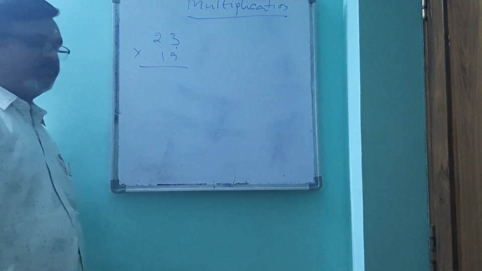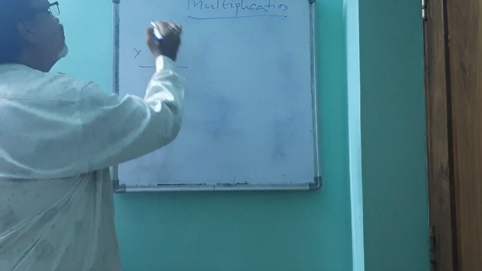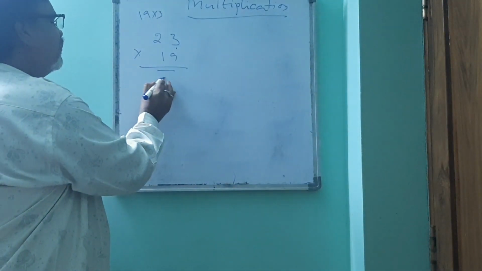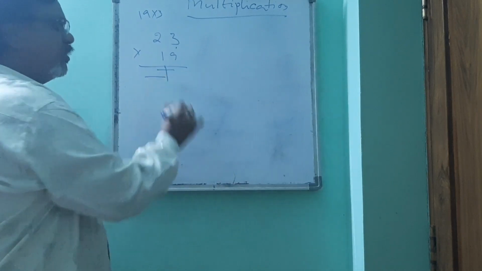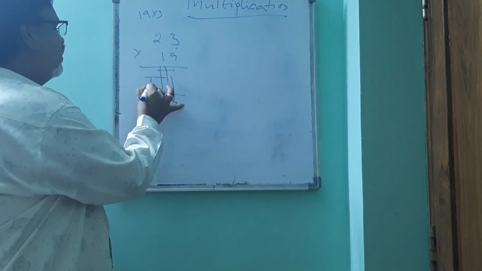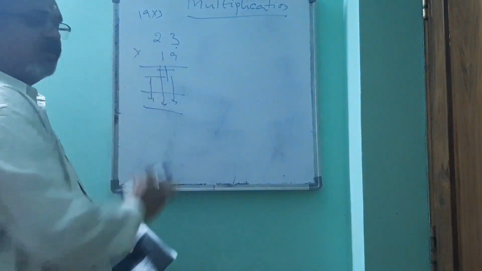As we know the 19th table, we will perform it directly. So 19 into 3 we will write here, then 19 into 2 we will write from here, leaving one position, and then we will add. Whatever result we get is the final result if it is decimal.